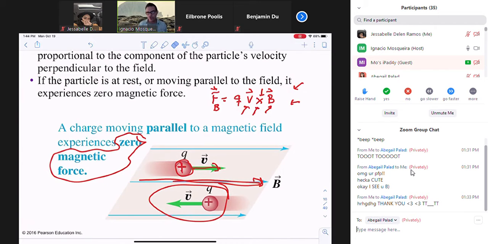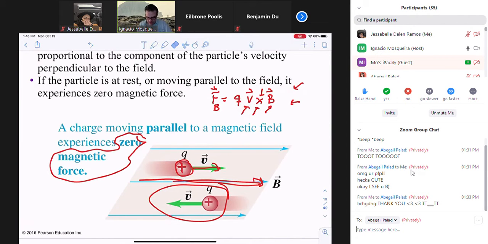So when you're taking a cross product, you have to do the right order. You have to say the velocity cross the magnetic field. That's not the same thing as the magnetic field cross the velocity, which would have a minus sign. Okay, so the order matters. So it's velocity first, then cross the B field, and then we'll use the right-hand rule to do that.